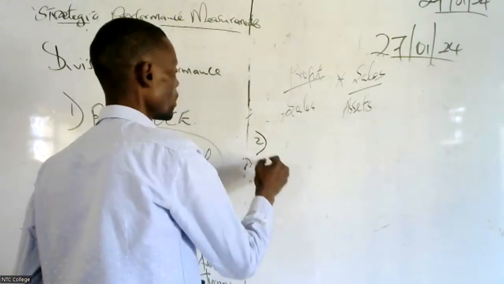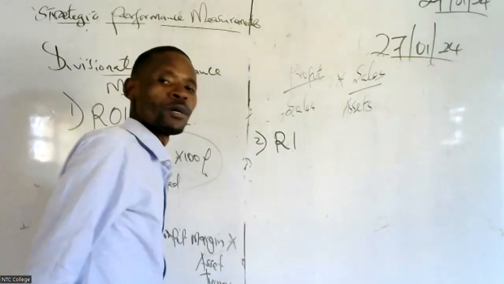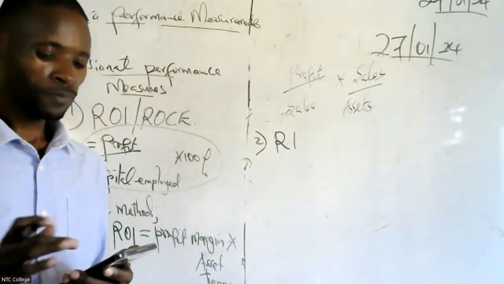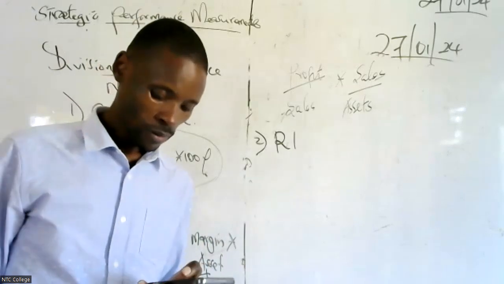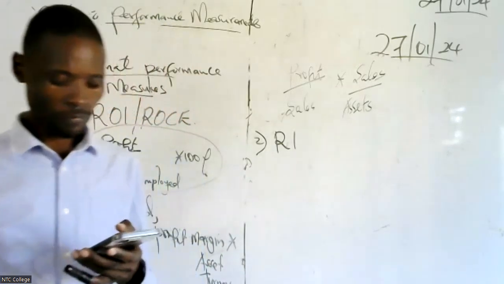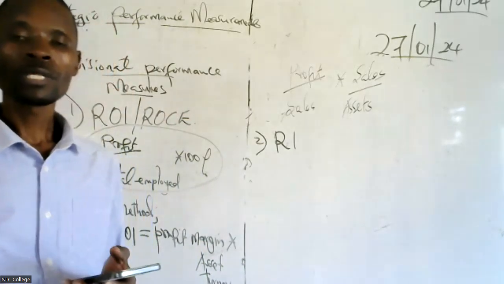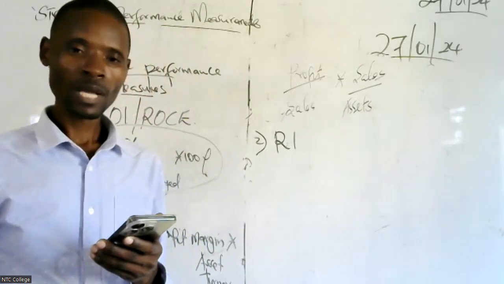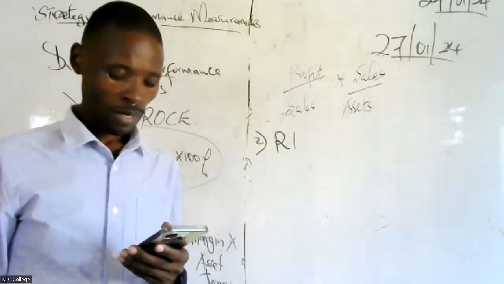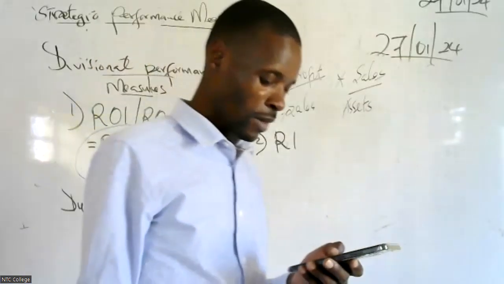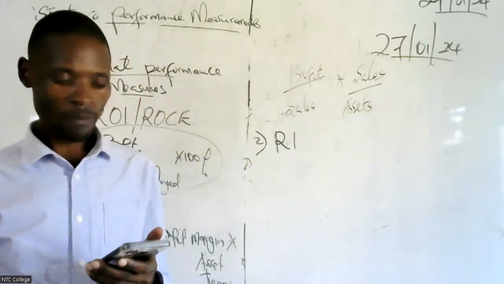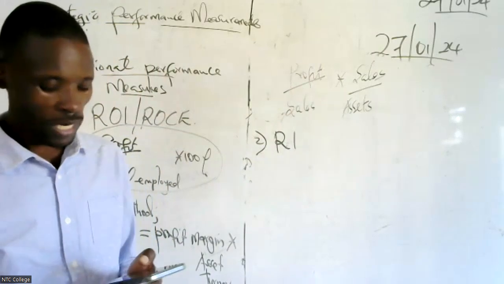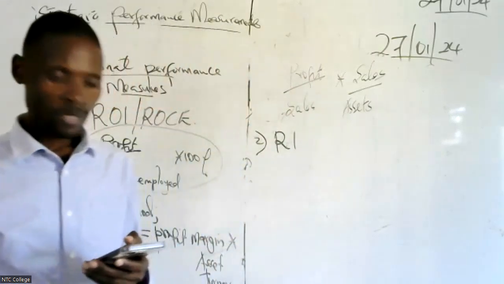Number two is residual income. Residual income is defined as the amount left after the firm pays providers of capital, as well as reinvestment.